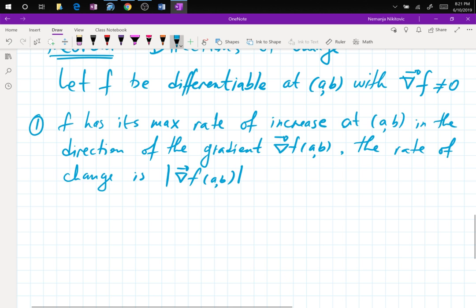So any point on the surface is going to have the maximum rate of increase, which means the steepest way up, and the steepest way down. And those will be measured by, well, now we're going to write number 2, the maximum rate of decrease, which is, as I said, the nosedive, the fastest way down.